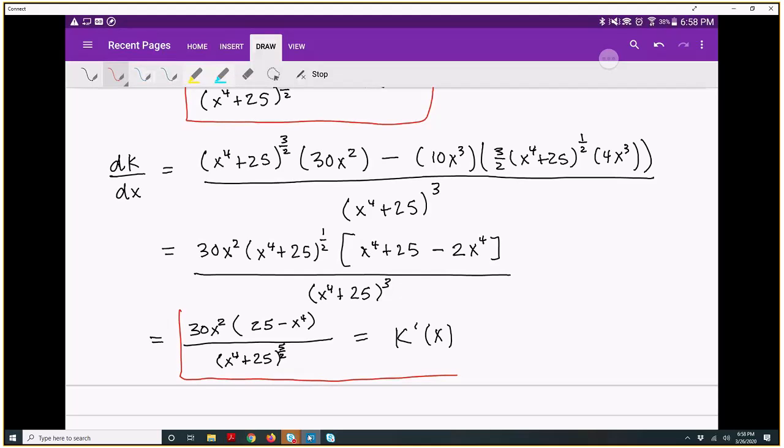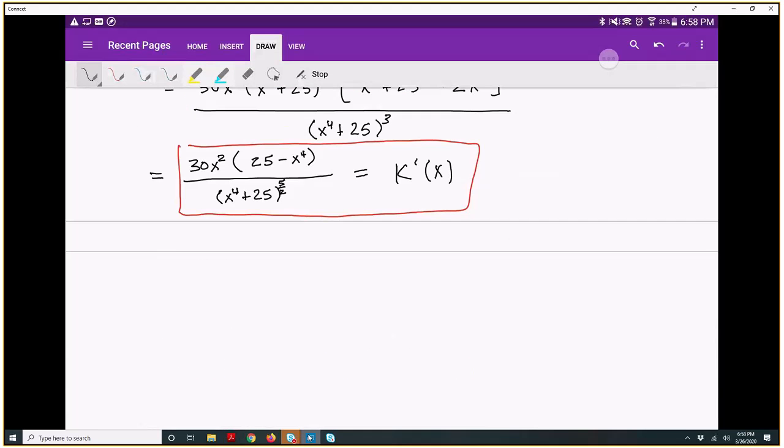So I want to know where k prime of x is equal to 0. And since it is a fraction, k prime of x equals 0 just means that the top of the fraction is equal to 0. So 30x squared times 25 minus x to the power 4 is equal to 0. So that would mean either 30x squared is 0 or 25 minus x to the power 4 is 0.